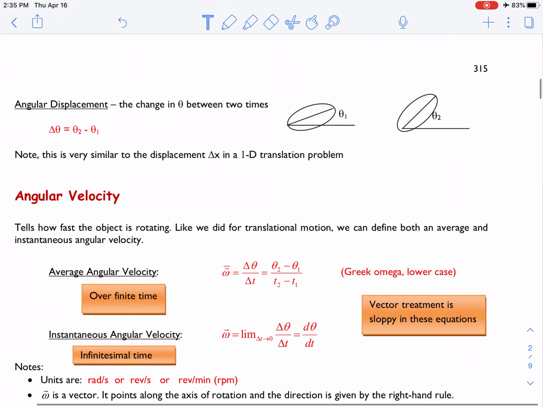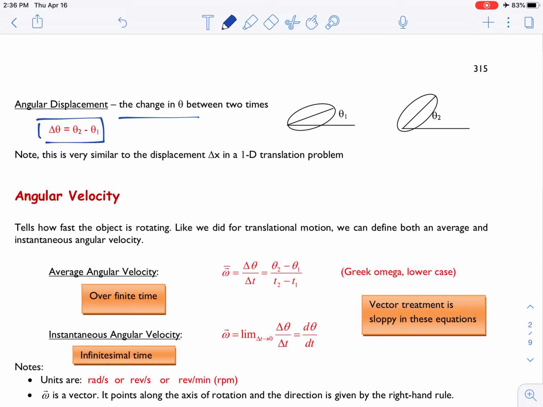Similar wording, displacement. Remember displacement? It was the change in position, right? Now we're going to call it an angular displacement. That means it is going to be the difference, the change in theta. In this case, instead of x or y, we have theta now. So delta theta is the angular displacement then, and that will be theta 2 minus theta 1.